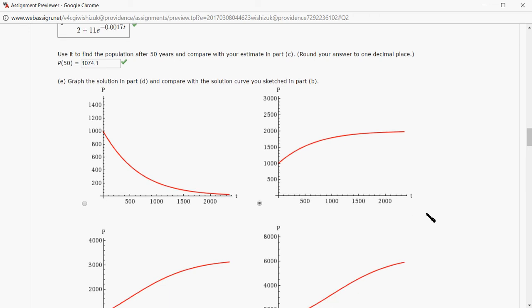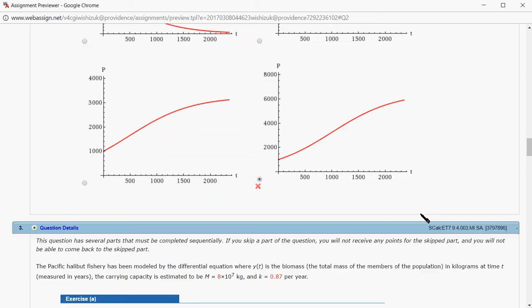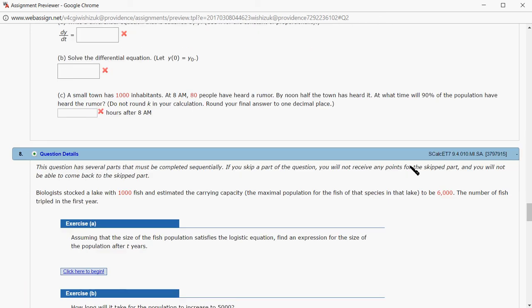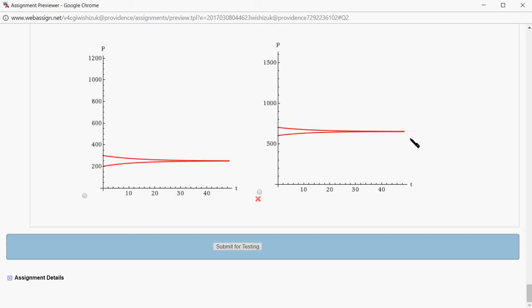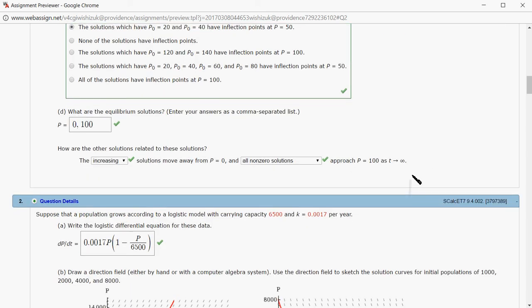Which one is that? 6,500 is going to be the equilibrium solution, so this last one is going to be the correct picture. One last check. Submit for testing. It came back and looks like we got this one correctly. That's it. I hope that this was clear.